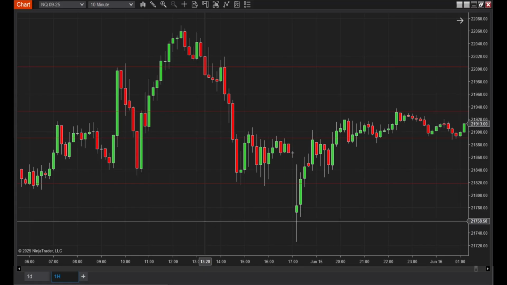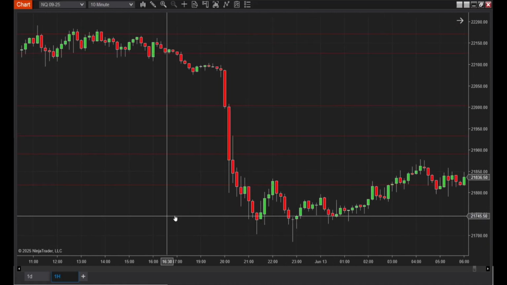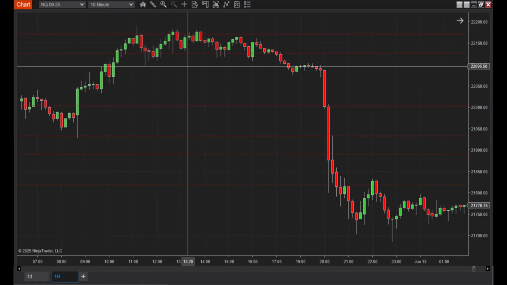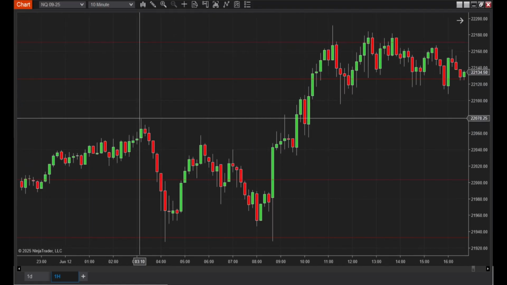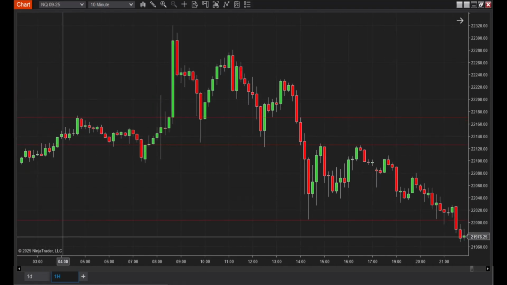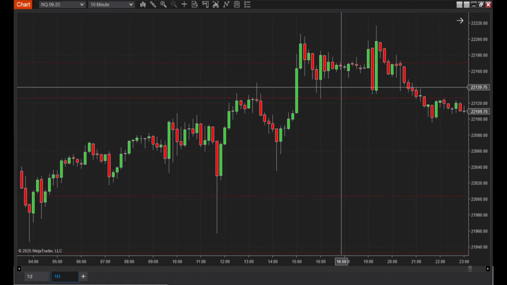Grab the daily chart, throw a profile over all the price action that was there. Zoom out at the high volume nodes, at the POCs of them, I guess you could say. Throw a line. And I've been doing this for quite a while, and it's just the same thing.